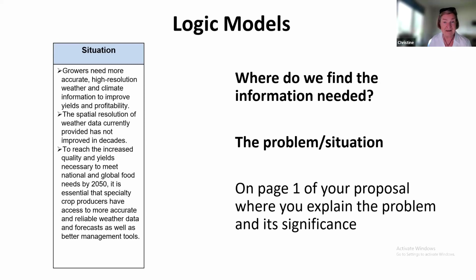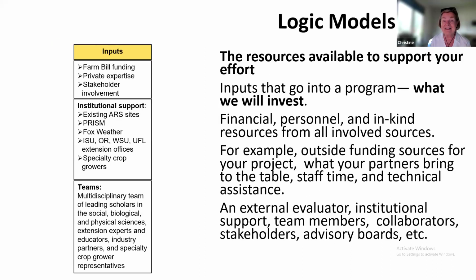Next piece in our template from the USDA is the input, the list of inputs. And that can vary depending on what you are doing. In this case, we put in Farm Bill funding. That's USDA money that will flow into this project. There was private expertise that was brought into the project by companies.